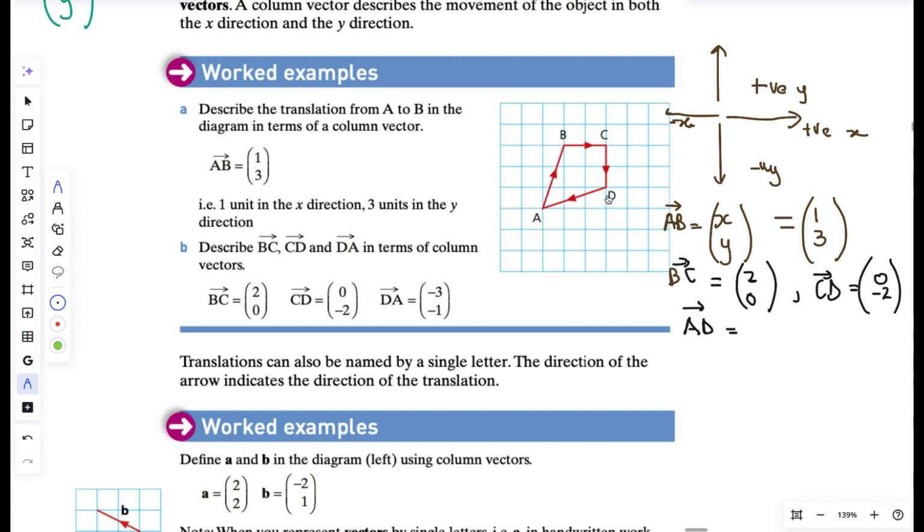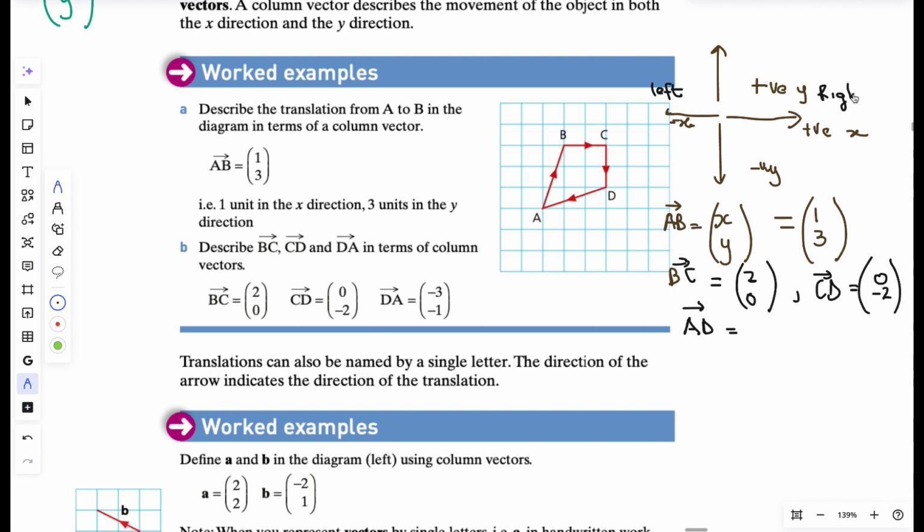It has covered some distance in the x-axis, but it's going towards the left. So when you are going to the left, it becomes negative. If you're going leftward in the x-axis, you're going to be negative. If you are going rightward, you're going to be positive. If you are going upward in the y-axis, you're going to be positive.